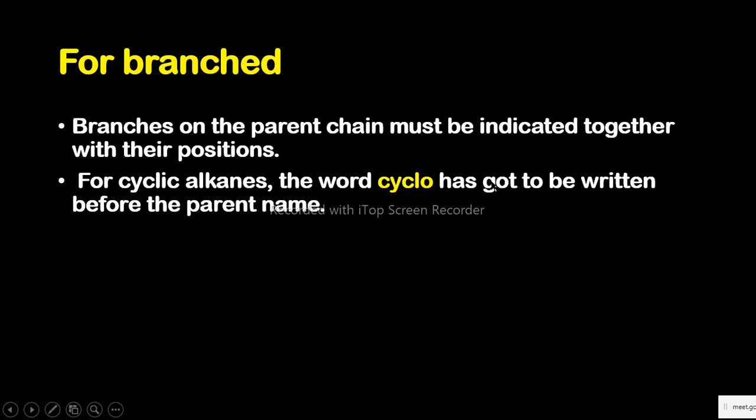For a cyclic alkane, we studied all this in isomerism and we have videos, you can always go and refer to them. For cyclic alkanes, the word cyclo is added. But when it is branched and cyclic, then you name the branch and its position, and then you add the word cyclo.